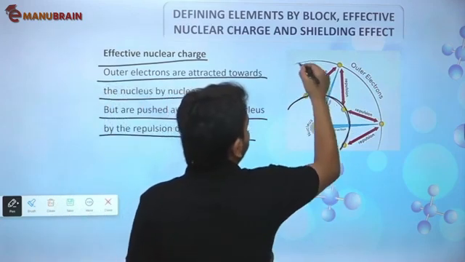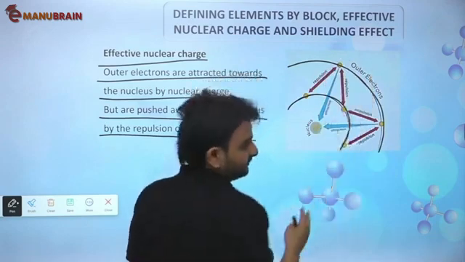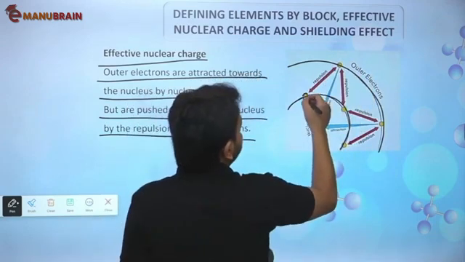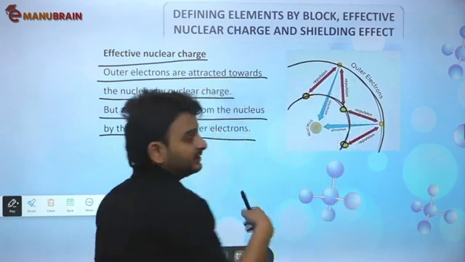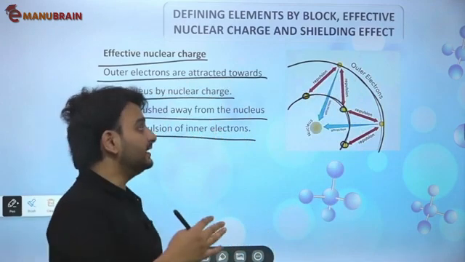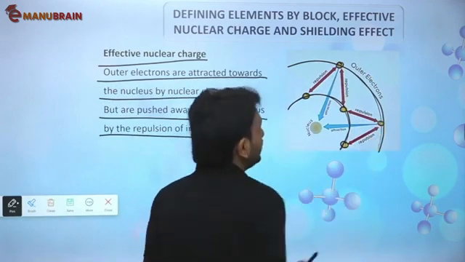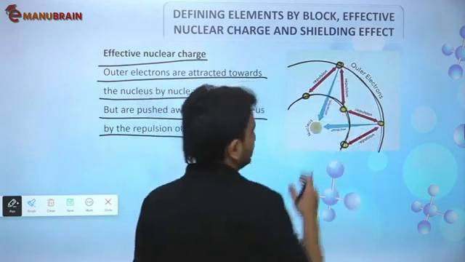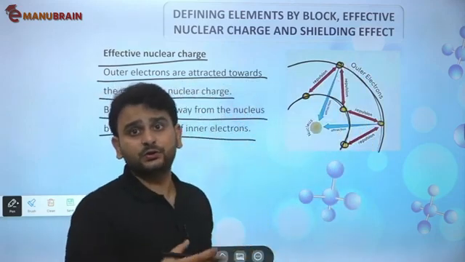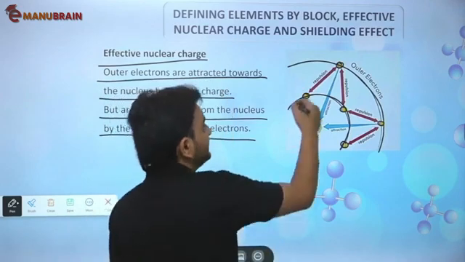But if you go beyond the first shell, then all the inner shell electrons will be shielding these outer shell electrons. In fact, because of the inner shell electrons, they will also face a repulsion, so they will move further away from the nucleus, so the nucleus won't attract them as much as it does the inner electrons.